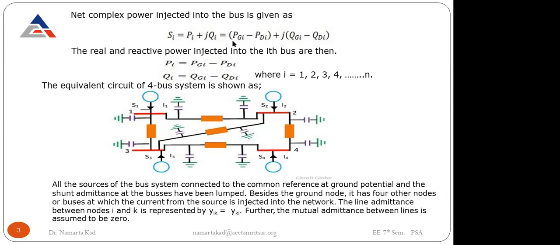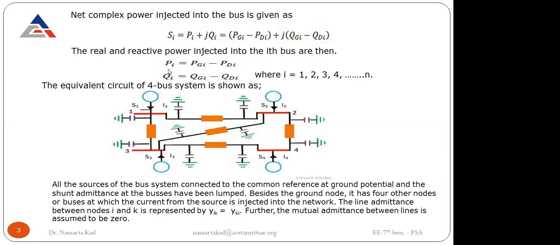The demand power is taken out, and the injected power is the generator power. Plus j of QGi minus QDi. Generator power is always injected into the bus, and the demand power is always taken out from that particular bus. So this Si represents your net power.